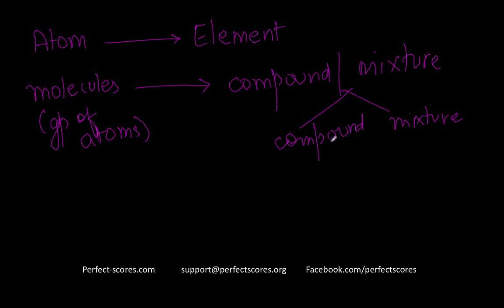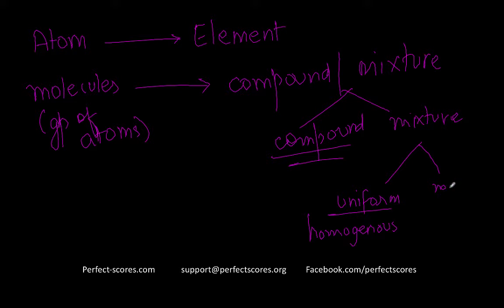Now, compounds are usually of one type, but mixture, on the other hand, is of further two types. Is the mixture uniform? If yes, we call it a homogeneous mixture.